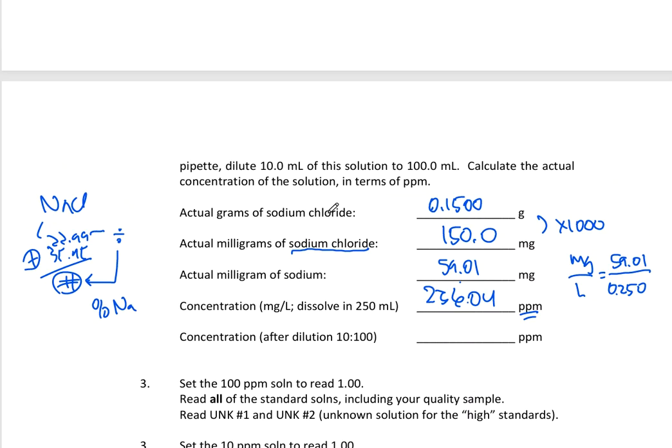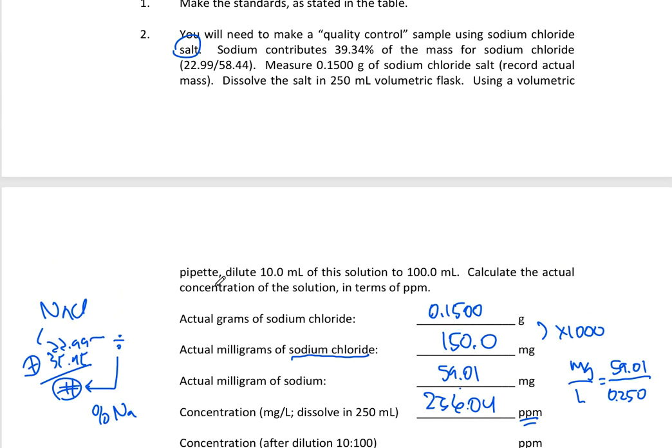Next up, it says, okay, now calculate the concentration because there is a dilution step that's required after this. And that dilution step says, using a volumetric pipette, dilute 10 milliliters of that solution that you just made to a 100 milliliter in total. Not a big deal. It's a dilution. So C1V1 is equal to C2V2. So the concentration that I'm starting with is 236.04 based on my measurements, based on what I weighed out.